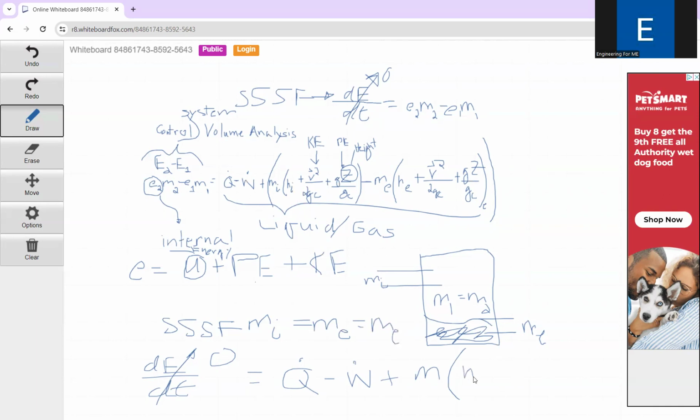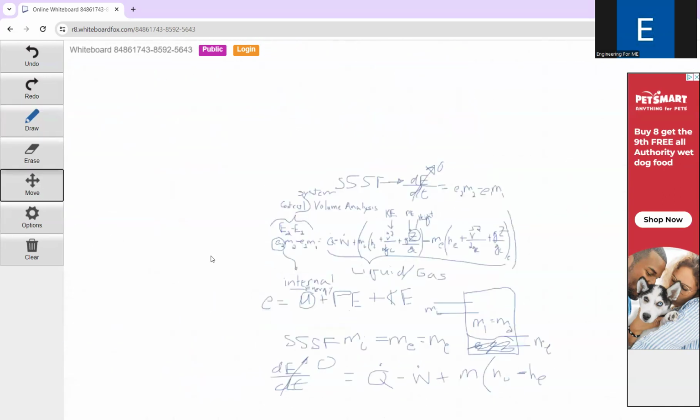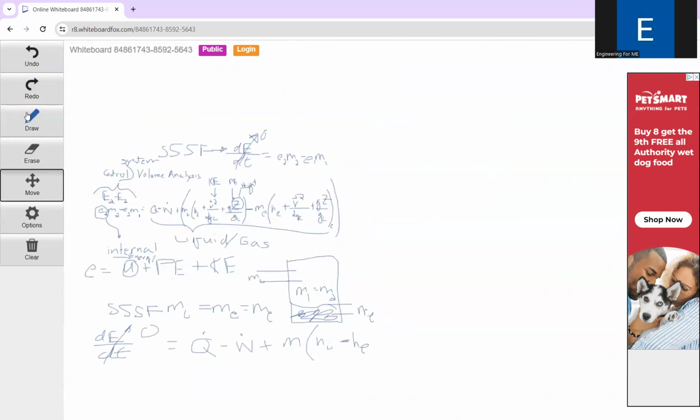And then you can do H initial minus H E. It just kind of depends on the format, but pretty much you're just going to be subtracting everything.